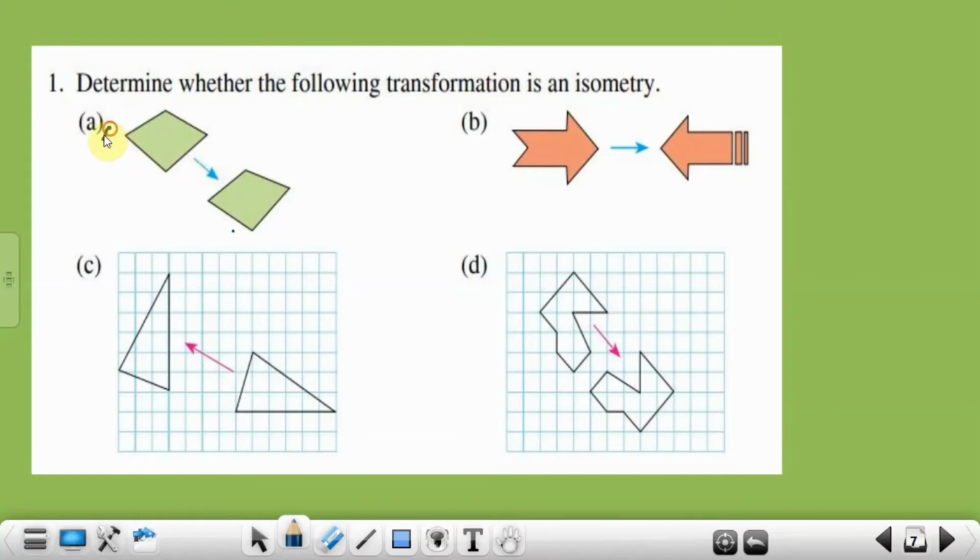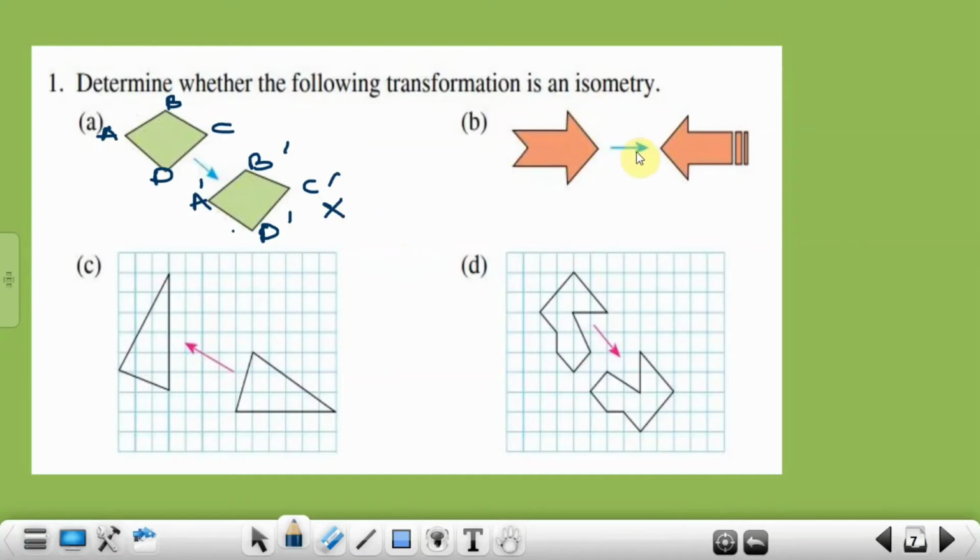Let's label points A, B, C, D, and A prime, B prime, C prime, D prime. AB looks different from A prime B prime. It means that the size has changed. So this is not isometry.